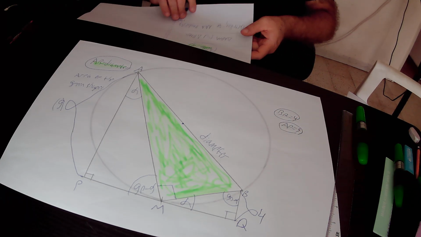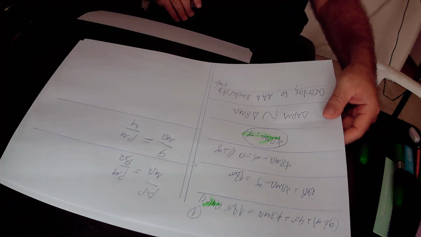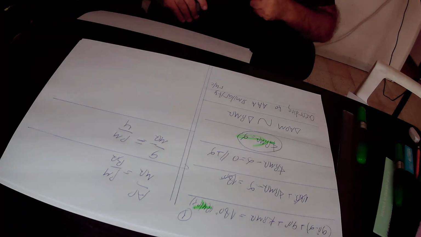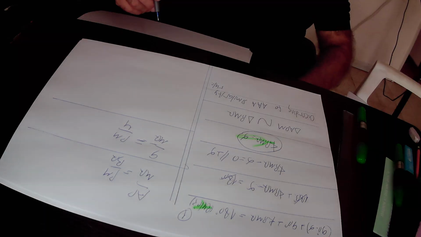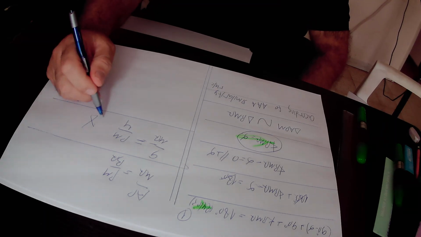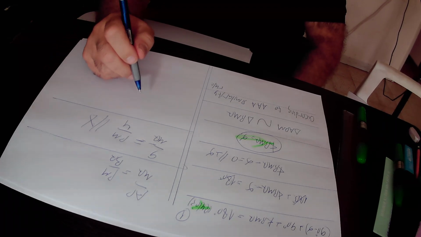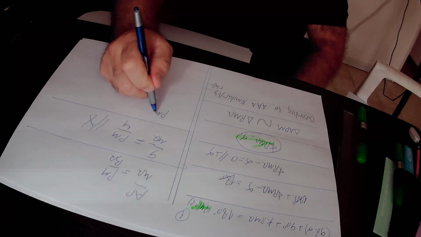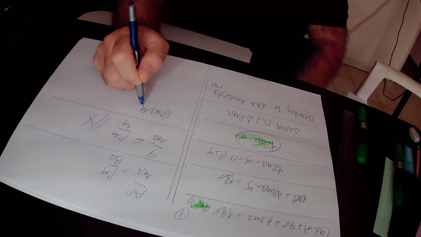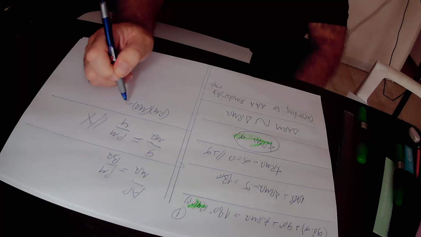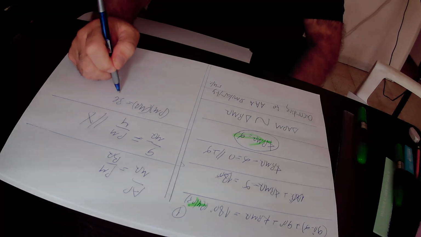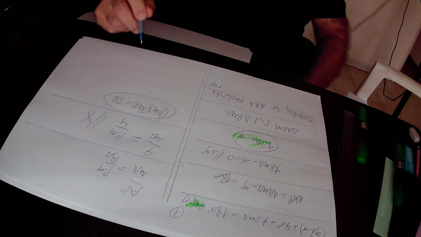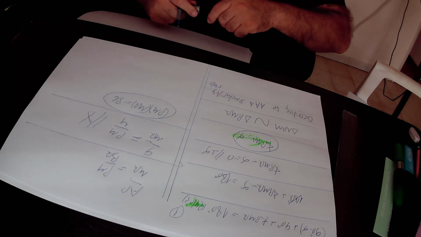So in total, I find that 9 over MQ equals PM over 4. Here we will cross multiply this equation, and we get that PM times MQ is equal to 9 times 4, that is 36. And again, we find that PM times MQ equals 36.